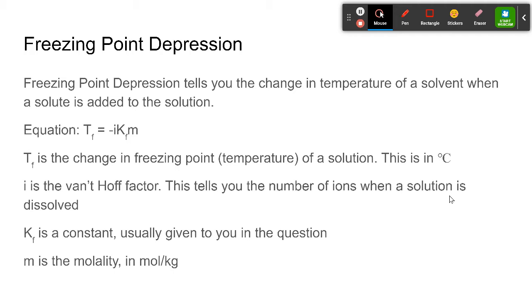Your starting freezing point was negative 10. So negative 10 with a negative 4 added to it means your new freezing temperature will be negative 14. So there's an example of how that might be used.